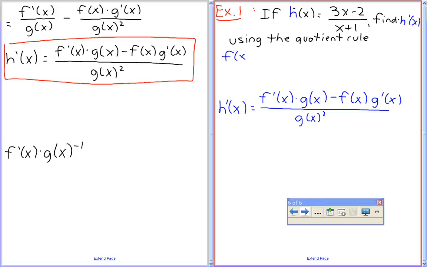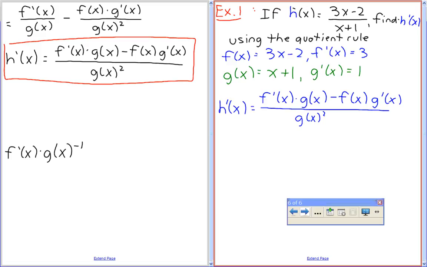Okay, Graham, in this case, what is f of x for this equation? 3x minus 2. What is f prime of x then? 3. Okay. g of x, Michael, is going to be what? Good. g prime of x is going to be 1.